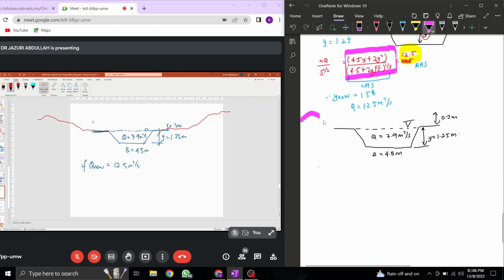Okay, so jadi kita nak tahu dia punya air dia naik setakat mana. Okay, so jadi dekat sini yang you kena buat calculation tadi tu try and error. Okay, so jadi kalau dekat sini kita dah tahu kita ada excess of the 0.3 meter. So jadi kita nak naikkan kita punya ban mesti more than 0.3 meter height. Okay, so jadi that is the things yang kita kena tengok.